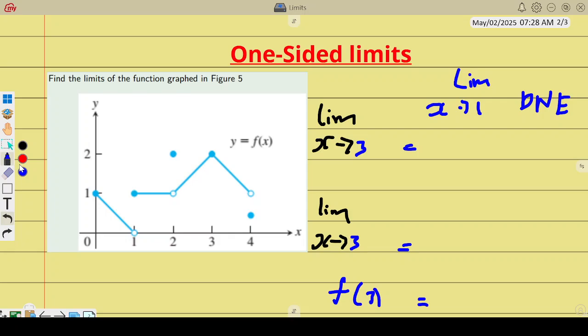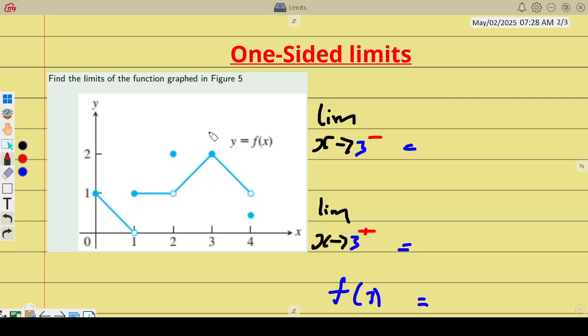We'll approach it from the left, we'll approach it from the right, and then we'll check f of 3, what is the dotted point. So from the left, 3 is here, and you can even draw a line to know where you are coming. You want to approach the line for 3.